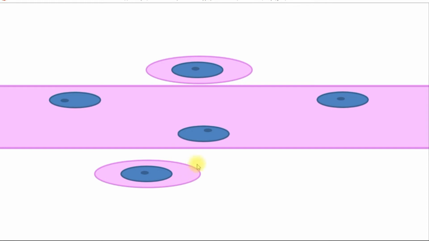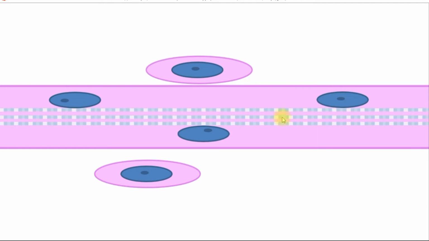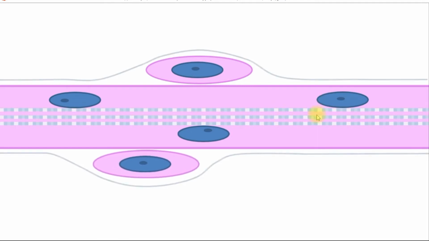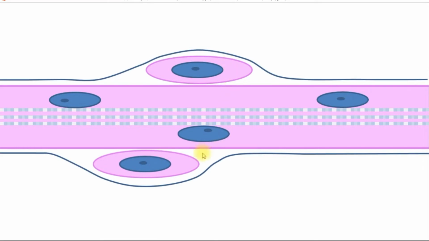They are neighboring with myosymplast, but they are not included in this formation. And they later are surrounded with basement membrane, and we know them as satellite cells. So satellite cells have common sources of origin with muscle fibers, with myosymplast, but they are not included in the formation of myosymplast, and later they may be included because they are some kind of stem cells. So satellite cells are stem cells of skeletal muscles.